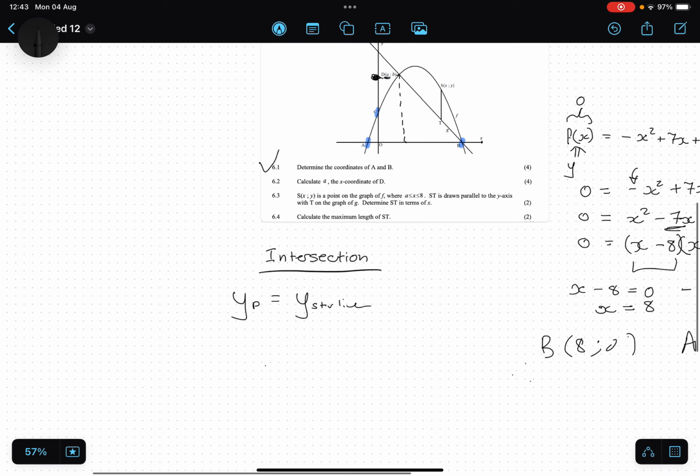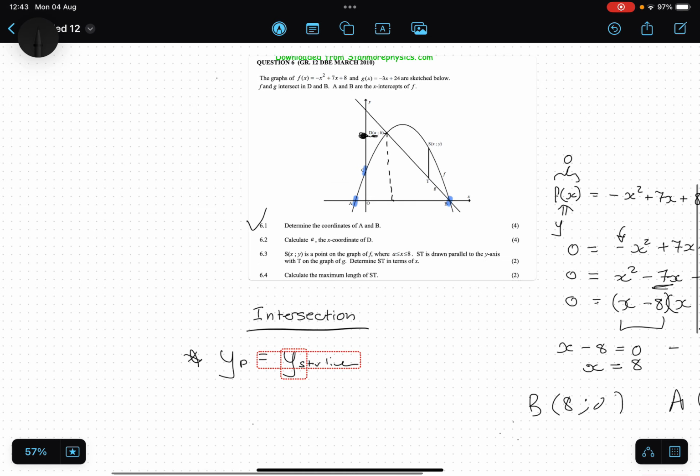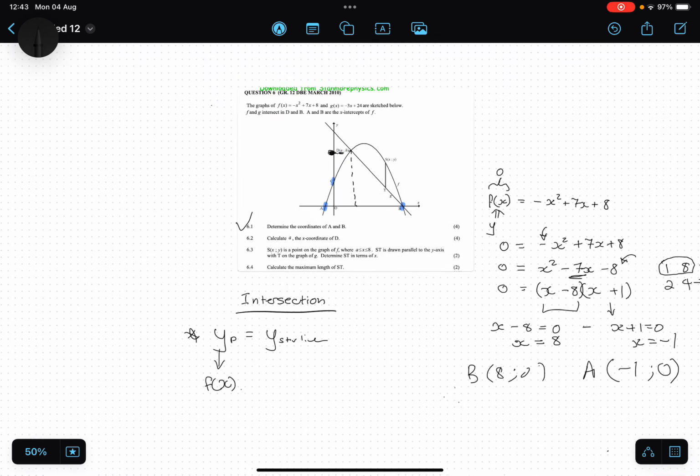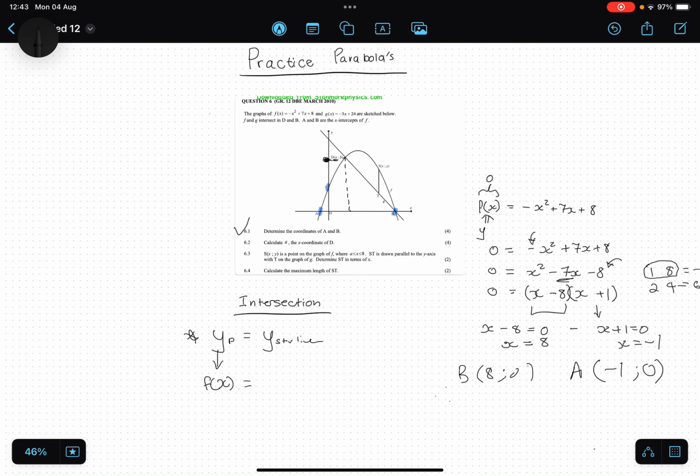Knowing that fact, we can then say, remember that the y is actually the equation, because this f of x is y. That represents all the y values.